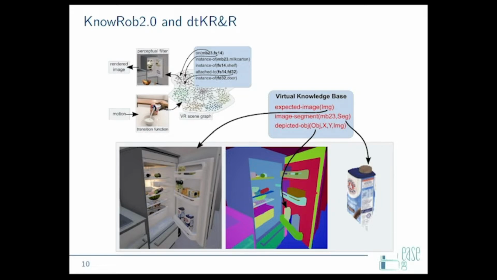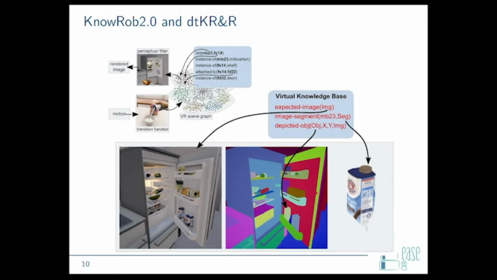And the way this assertion is computed is that if we are asking what is the image that the robot expects to see, the reasoning mechanism takes a rendering from the point of view of the camera pose with the optical parameters of the camera, and it generates an image.